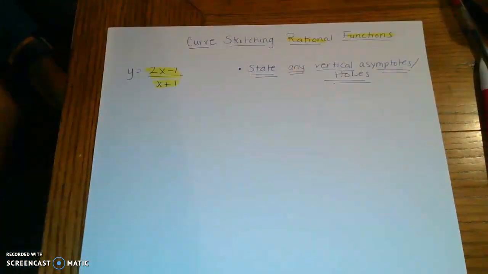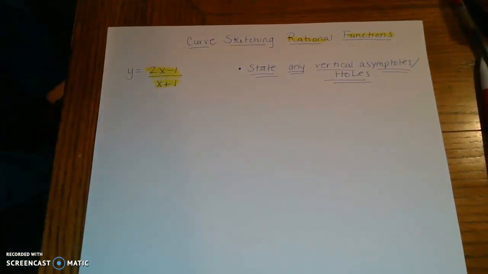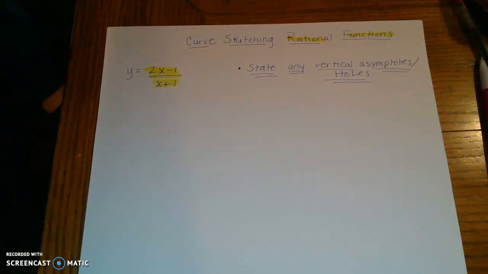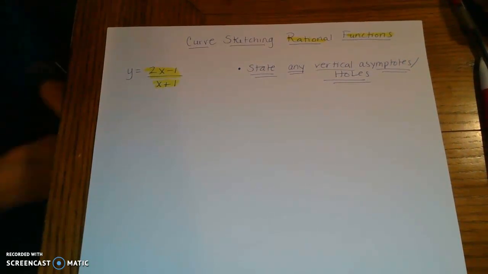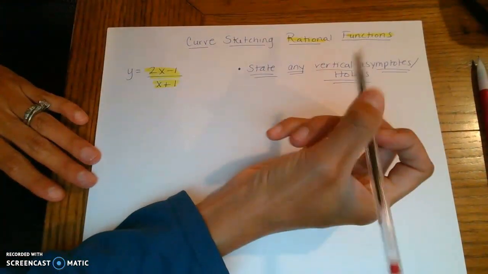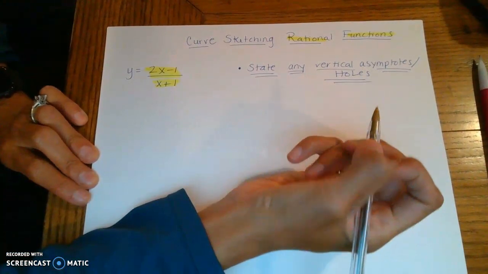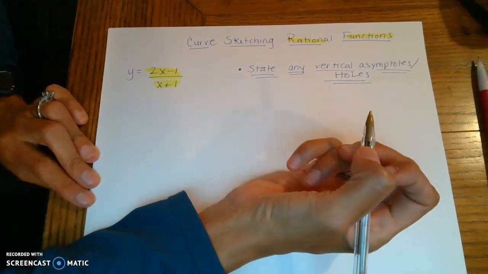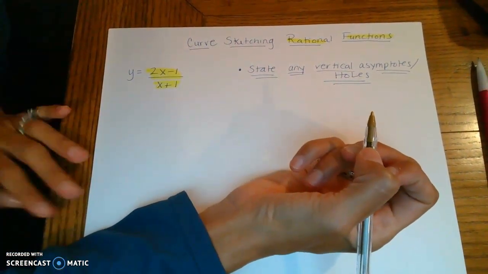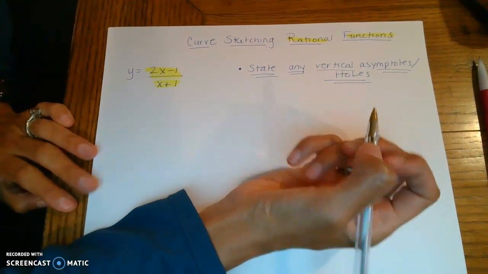without using the calculator. So anytime we have a rational function, one of the very first things you should always ask yourself is if you have any vertical asymptotes or holes. Now, those are two different values that look different on the graph, but both come from the denominator being undefined.